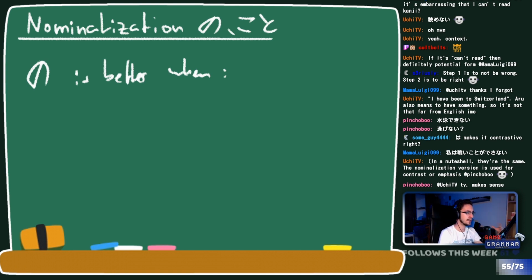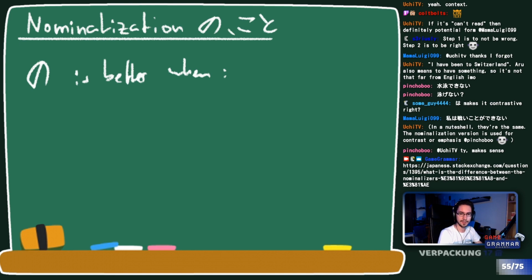So there are a few cases where you primarily use no to nominalize a phrase, and I'm going to talk about three of them. I'm using a really good Stack Exchange article that I've referred to many times. You can save this if you ever want to refer back to it. I'm going to talk about the ones mentioned here because they're a pretty good overview.